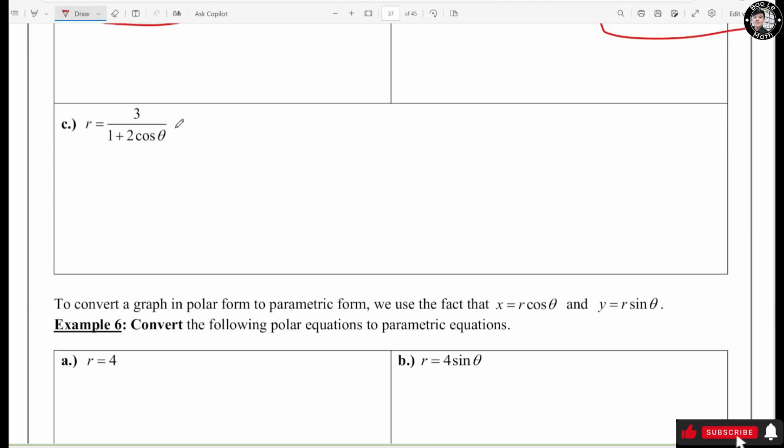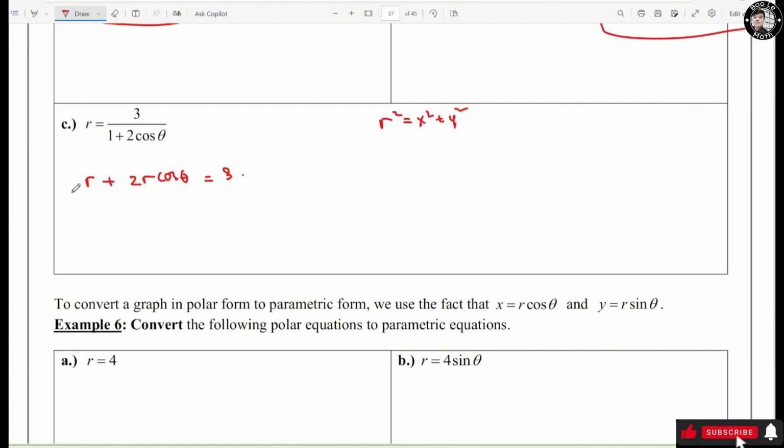Now question C. I'm going to multiply both sides by the denominator. So I have r plus 2r cosine theta equals 3. Now, remember you have r squared equals x squared plus y squared.